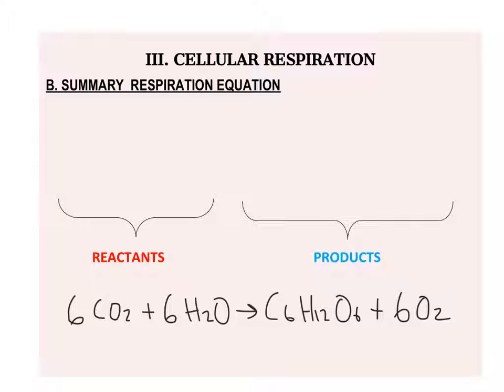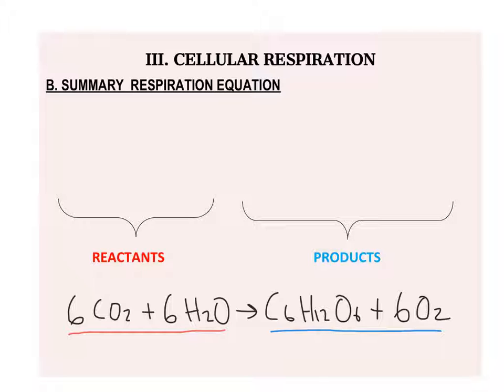So in photosynthesis, these were the reactants and these were the products. So in red, those are like the ingredients. Those are what plants need. And in blue, that's what plants make. Now in respiration, it's going to be very similar but kind of opposite.